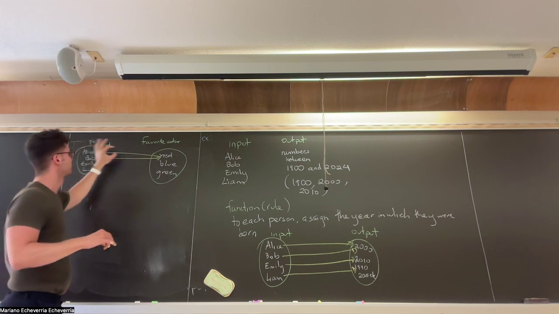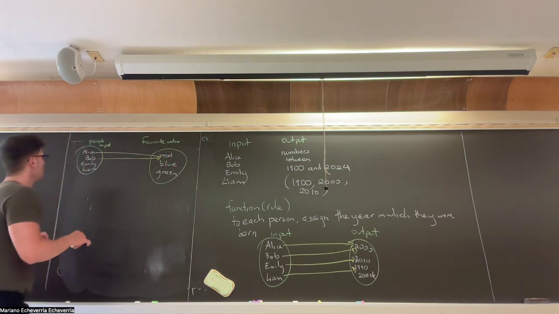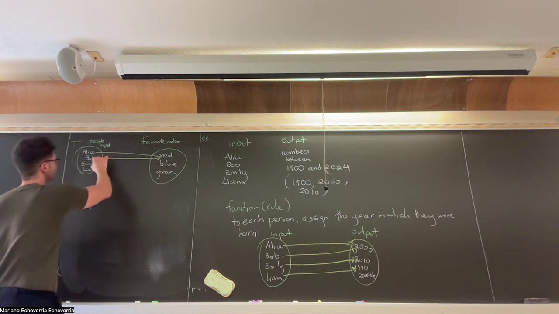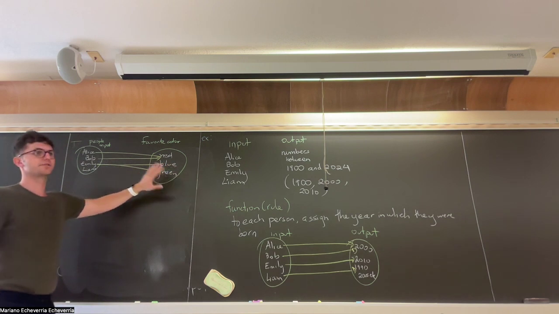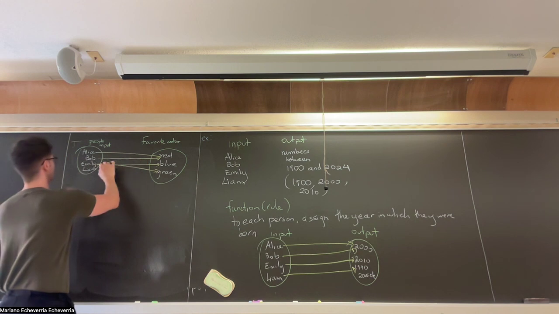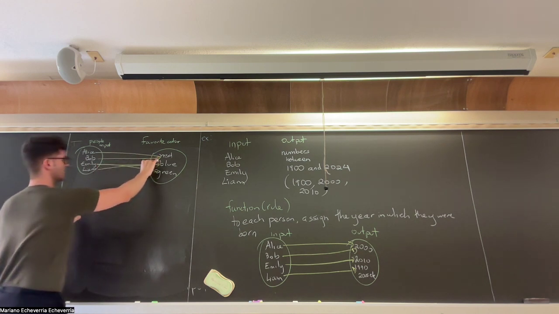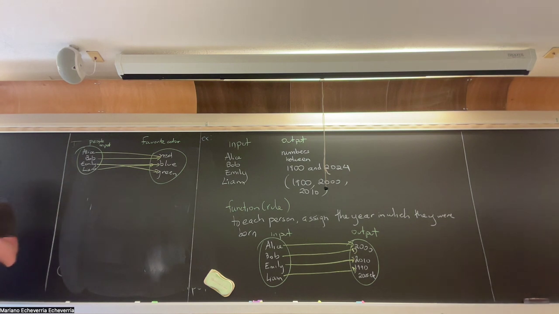So two arrows can land on the same output value. That's fine. What is not fine is, for example, something like this. So you cannot give more than one answer when it comes to a function. Let me just complete this here. If you have a diagram that looks like this, it definitely would not represent a function.